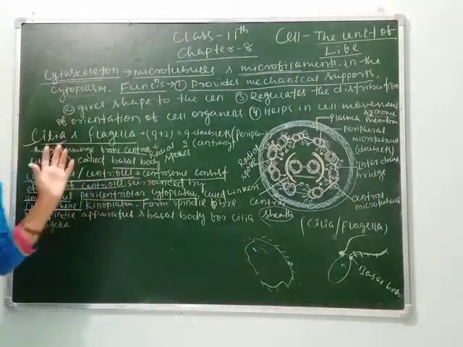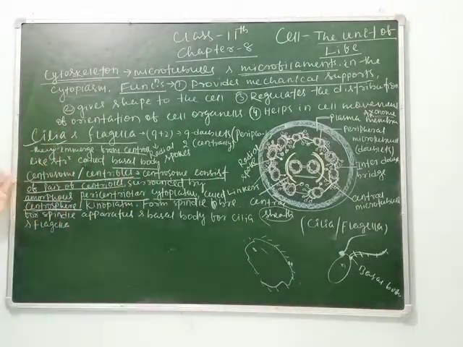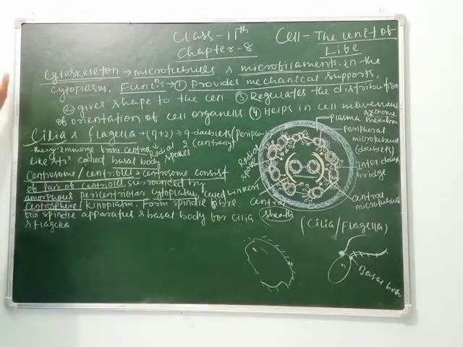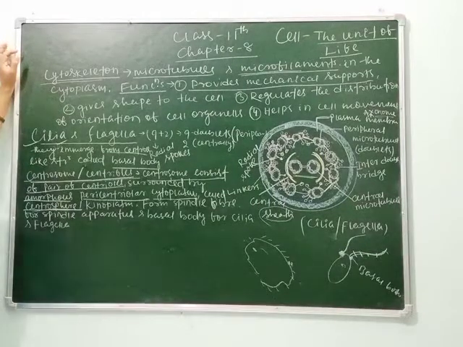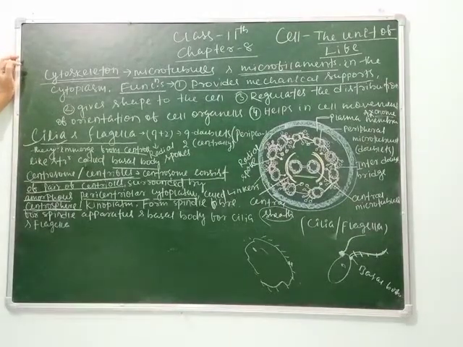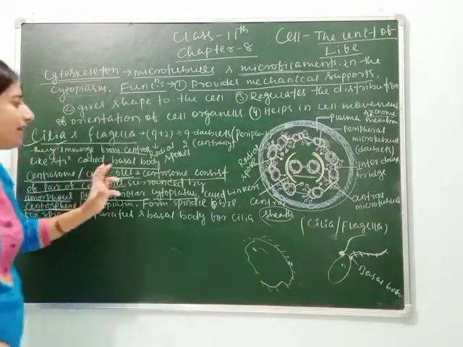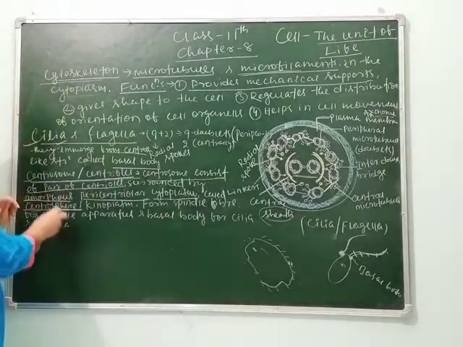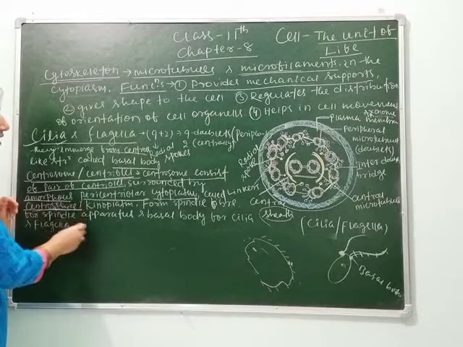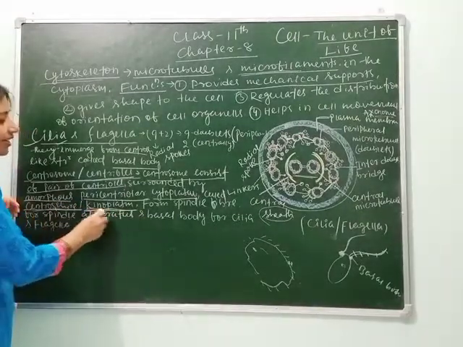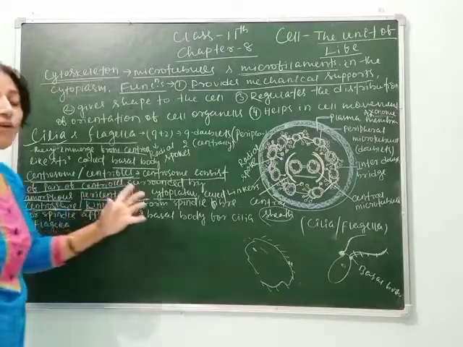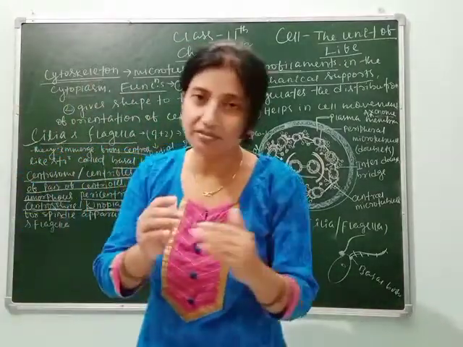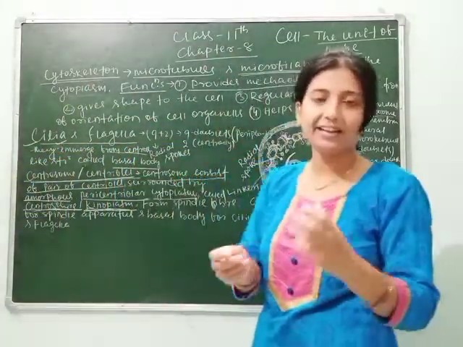We can say that centrosome consists of a pair of centrioles. Amorphous means one is crystalline and another is amorphous. So here they are arranged as amorphous pericentriolar cytoplasm, that is called centrosphere or kinoplasm, from which spindle fibers are arranged. You will study this in the next chapter, chapter 10.